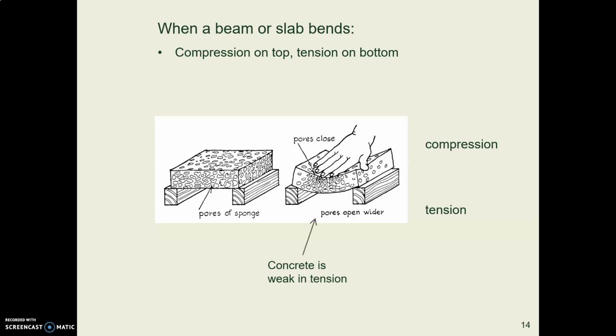And here's the deal. Imagine that a beam is made out of a sponge. This is a demonstration of what a beam does. When you put a load on the beam, like the weight of a column, that beam bends a little bit, even though you might not see it with your eyes. And in the top it compresses, in the bottom it stretches out, it's in tension.